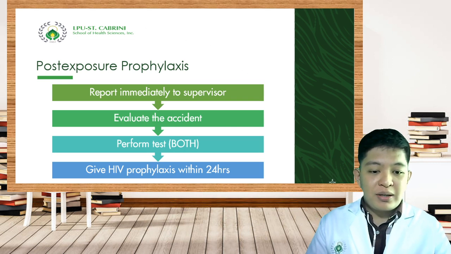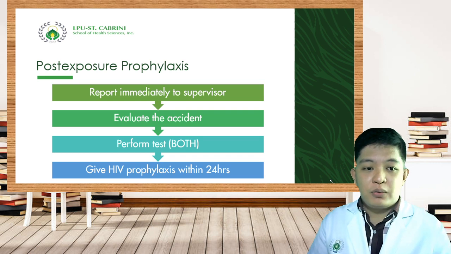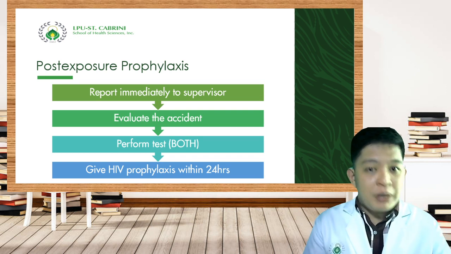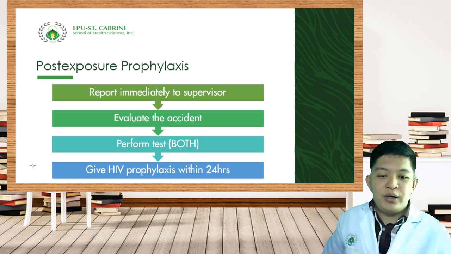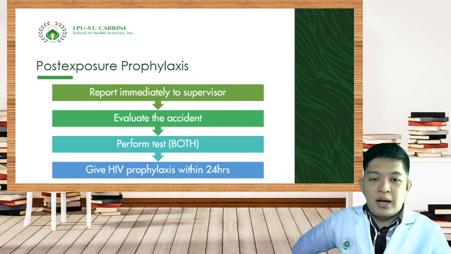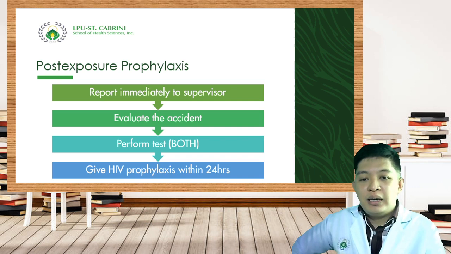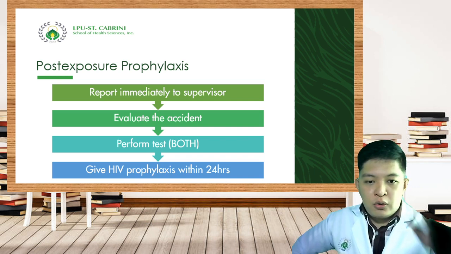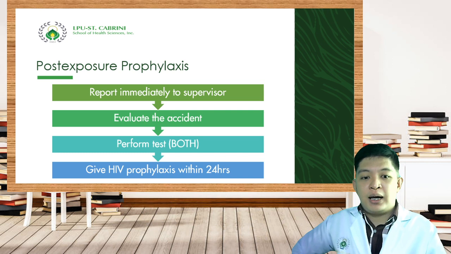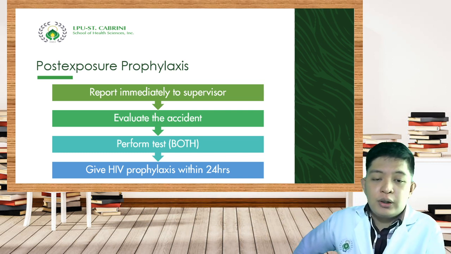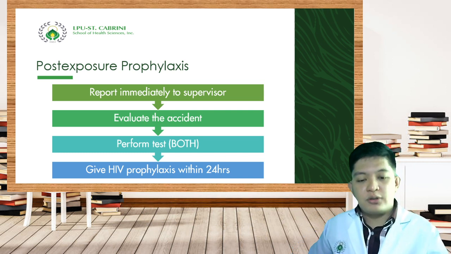Mas malaki yung chance na magkaroon ka ng hepatitis B kapag ikaw ay na-expose sa bloodborne or sa pasyente, nagkaroon ka ng needle injury. So those are the things na dapat mong tandaan kapag ikaw ay nagkaroon ng needle injury.